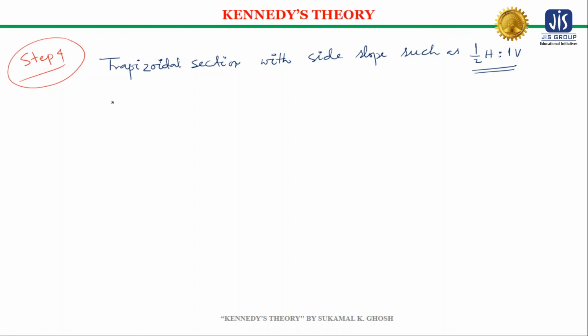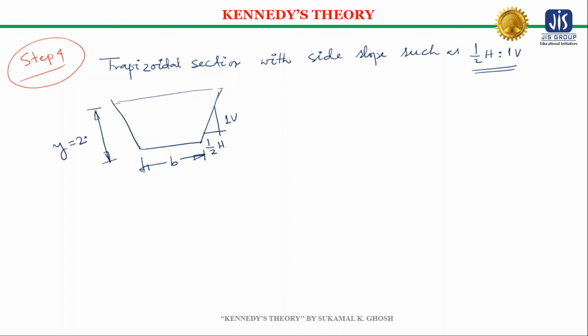Okay. So let me draw the section again. This is the section, the bed width is b and the side slope is 1/2 horizontal and 1 vertical. The height is y, which we have considered as 2.7 for this particular case. Now what was our step 5?